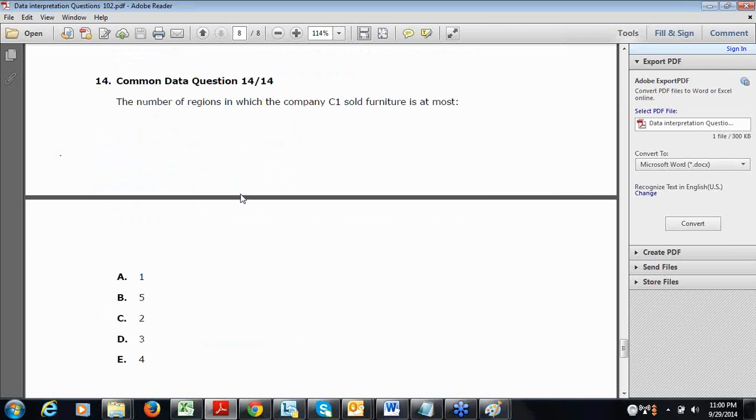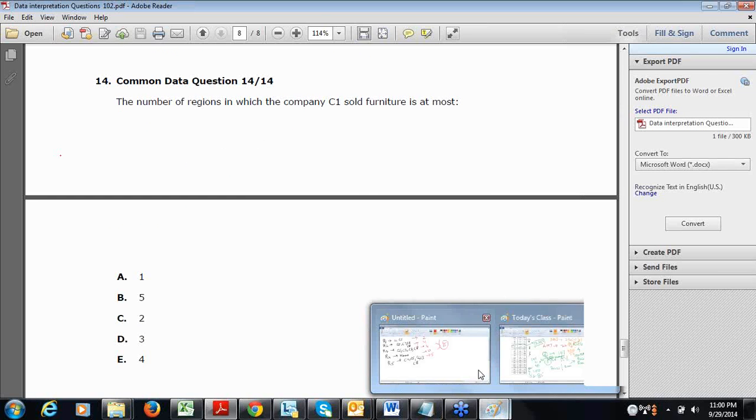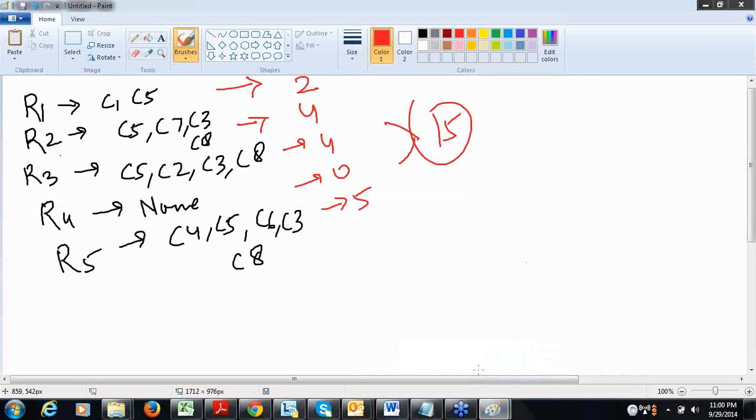Now the number of regions in which C1 sold furniture is at most what? See, in the last question we saw that C1 sold in region R1. C1 sold in region R1.